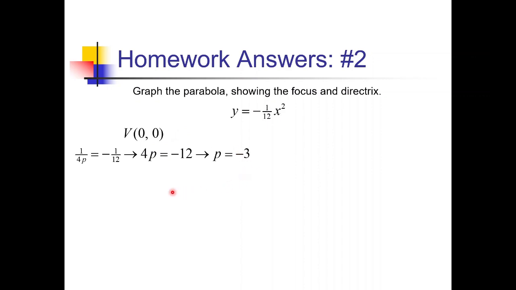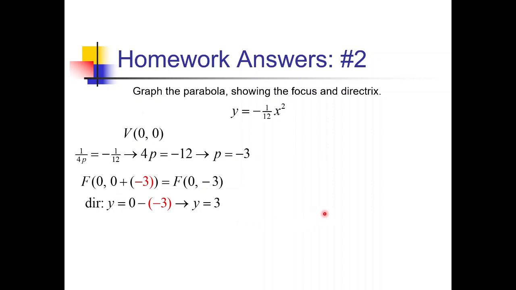So my focus then is going to be 0 comma 0 plus negative 3, which just means 0 comma negative 3. For the directrix, I'm going to have a y equals type of equation to match the y equals that I started with here. And it's going to be y equals 0 minus negative 3, or just simply y equals 3.